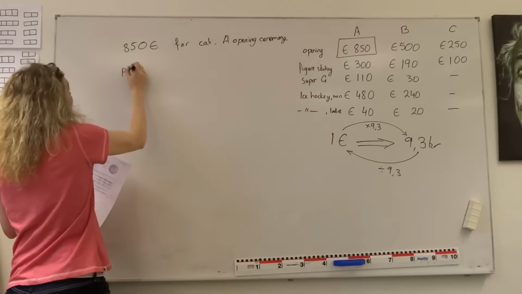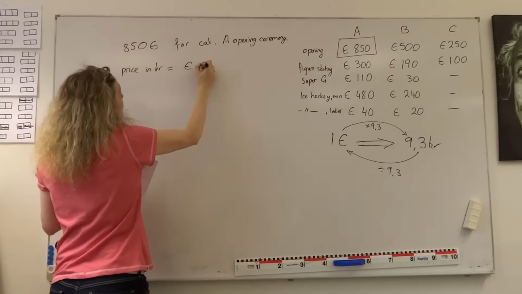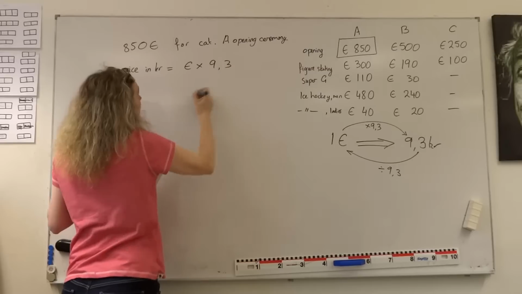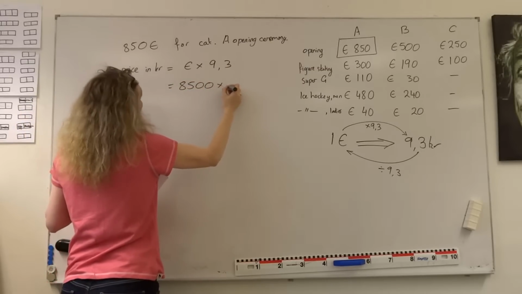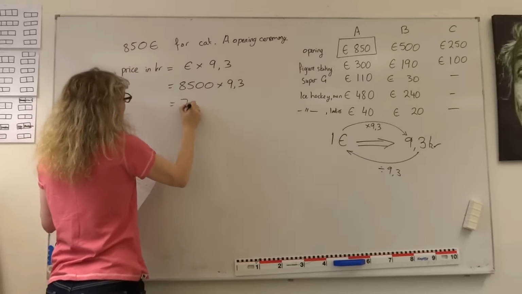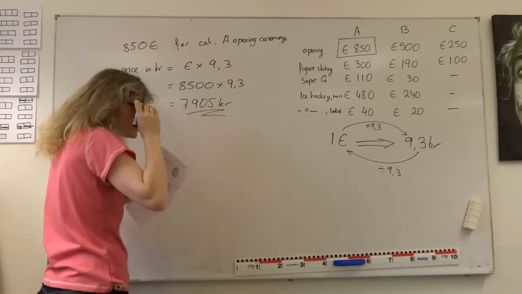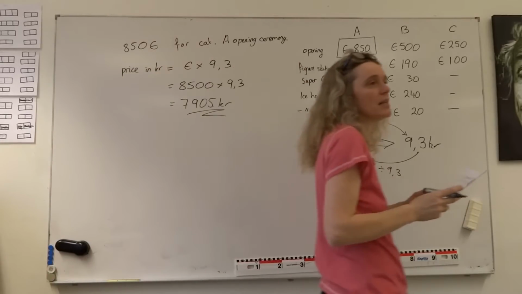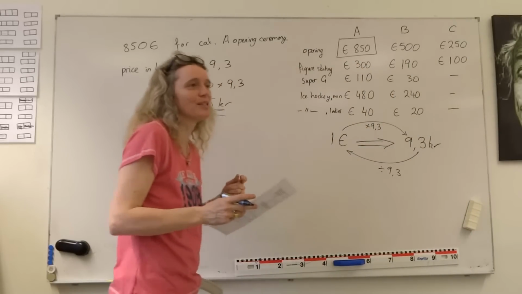Price in kronas equals euro price times 9.3. So we get equals 8,500 times 9.3, which gives us 7,905 kronas. So if you wanted to go and have best seats in the opening ceremony, it was almost 8,000 kronas to do so.